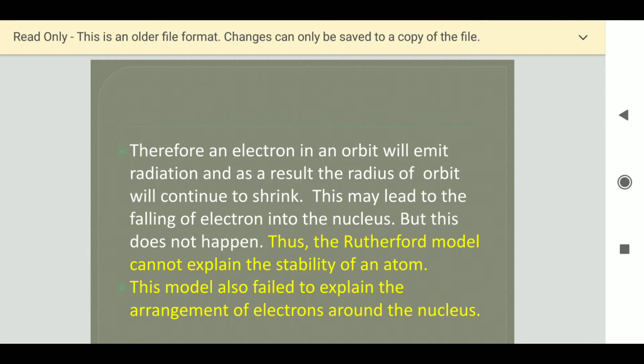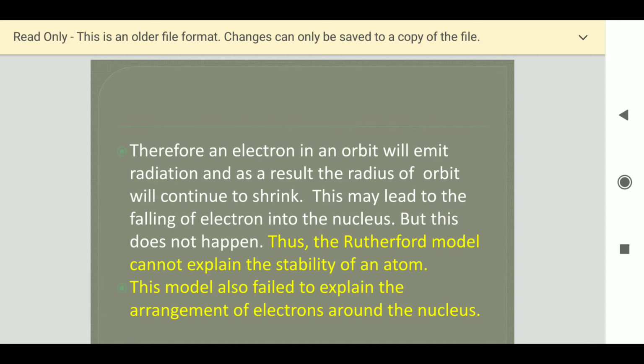But practically, this does not happen. This is one of the major drawbacks of the Rutherford model, and it cannot explain the stability of an atom. The model failed to explain the arrangement of electrons around the nucleus.